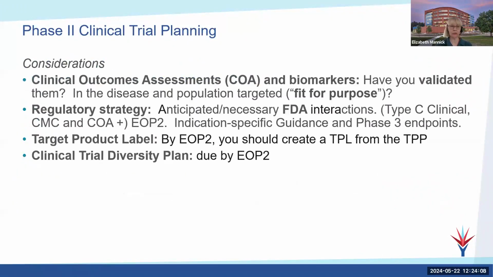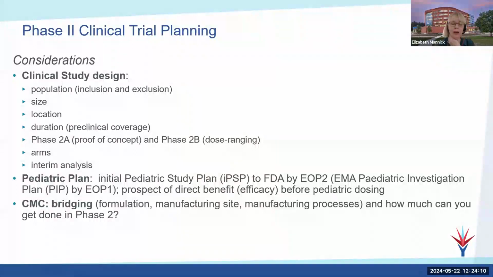As far as pediatric plans, Mark, can you go back? It's good to start early. In the United States, the initial pediatric study plan is due to the FDA by the end of phase 2. But in Europe, you have to get a pediatric investigation plan, or PIP, submitted by the end of phase 1.